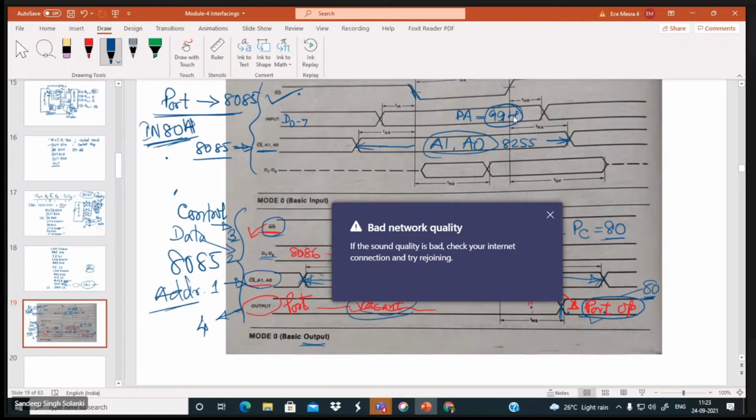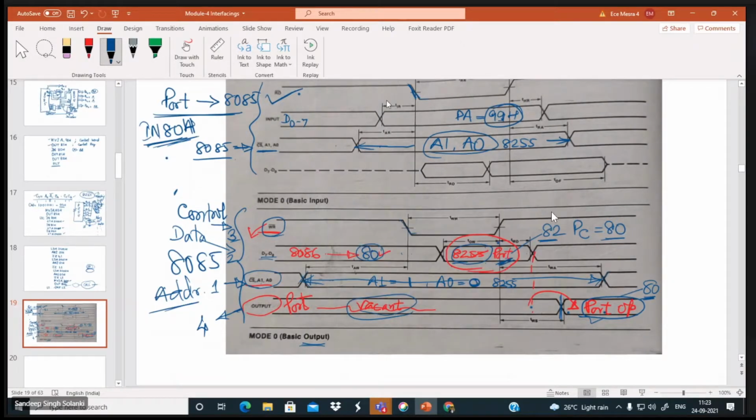This data is available on port A, and when we give this signal, this port A data comes to your D0 to D7 with this control. This signal is internally decoded and enabled inside the 8255, and the data is routed to the data bus.